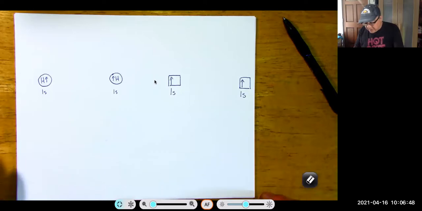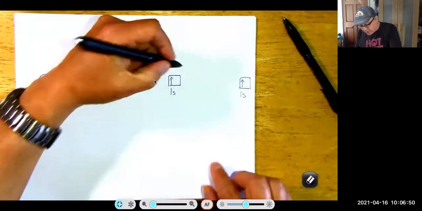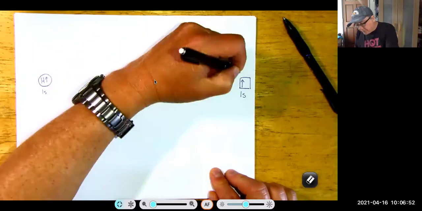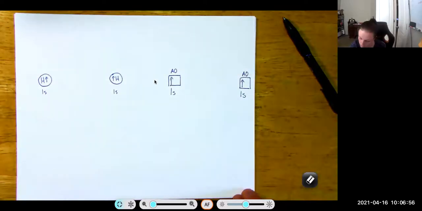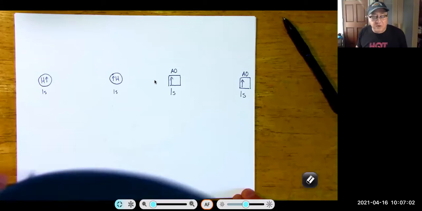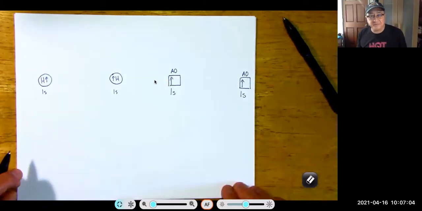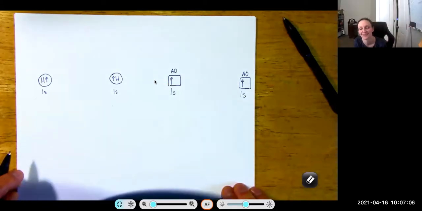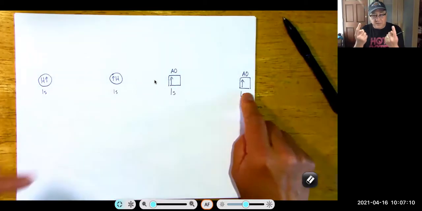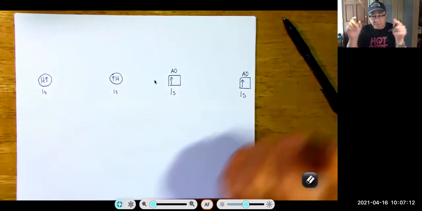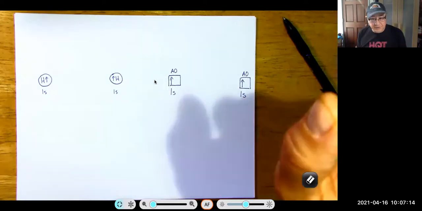So these are AOs. Now, what do you think AO stands for in this case? Is it the anti-bonding ones? Nope, it stands for atomic orbital. It turns out that when you have two atomic orbitals, they can make two molecular orbitals.